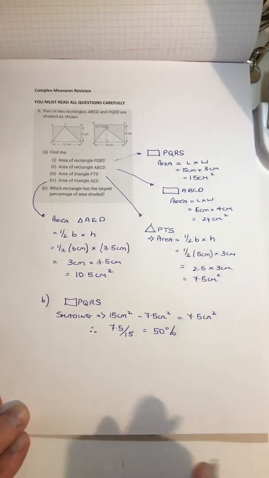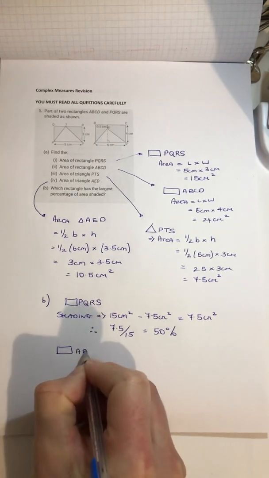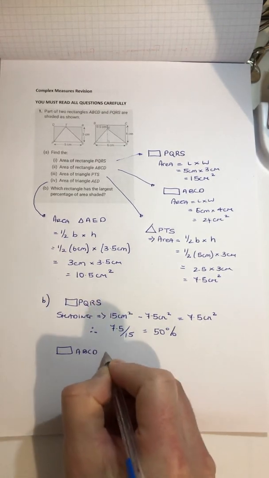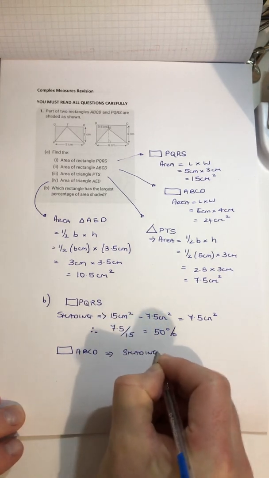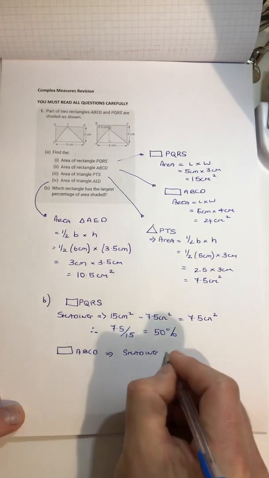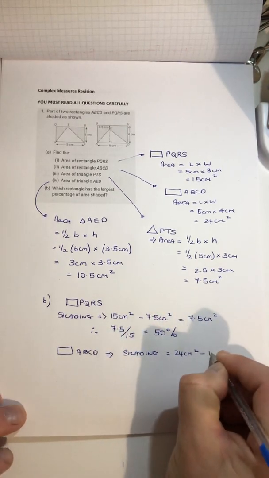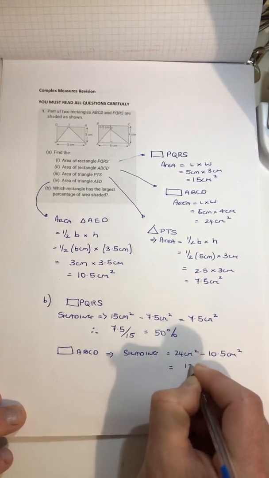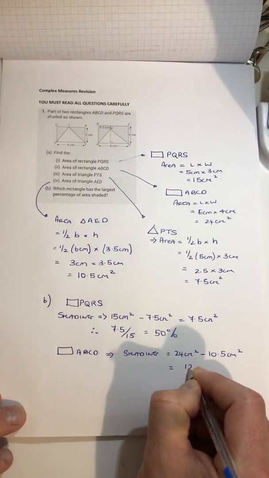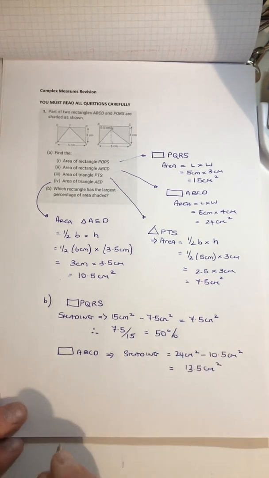Now let's look at the other rectangle, rectangle ABCD. Well, the shading is equal to the total, 24 centimeters squared, minus 10.5 centimeters squared, which is equal to 13.5 centimeters squared.